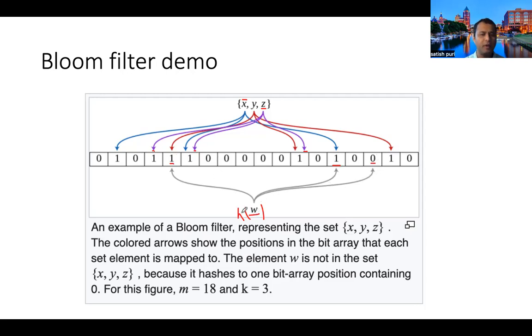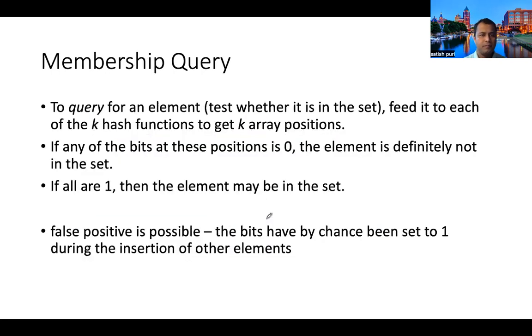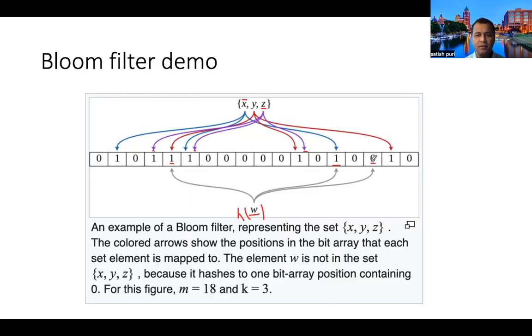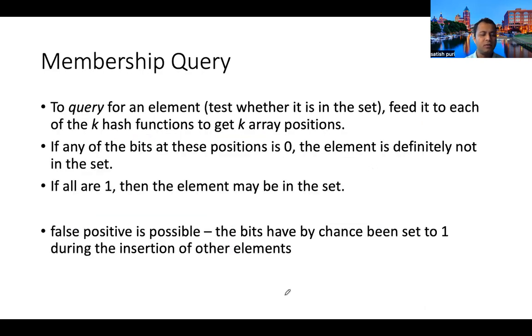That's a query operation. If all 3 were 1, then maybe W was there. But since we saw a 0, that makes us confident that W was definitely not there. You can read about the query from my slides as well.